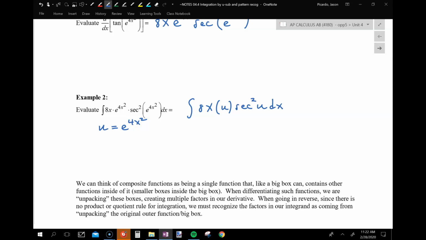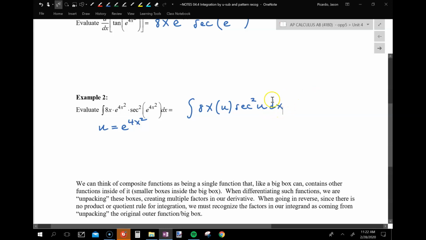What's concerning about what I just wrote down? There should be something that you're concerned about. Two variables. And the problem is that I'm supposed to be what? Taking an integral with respect to x. So how am I going to do that when there's things with u's in it? Agreed?